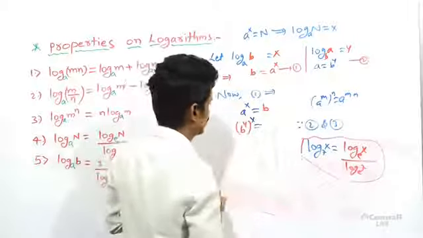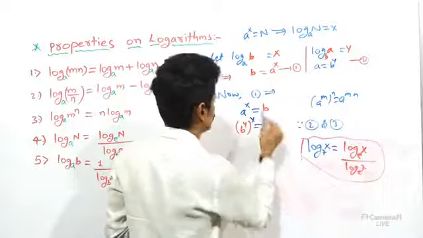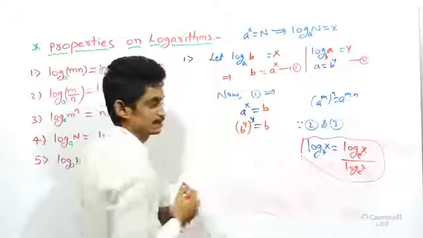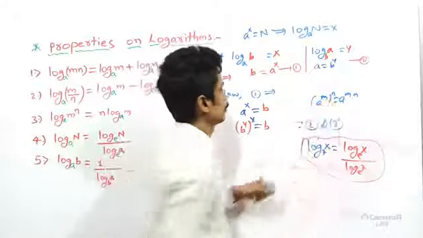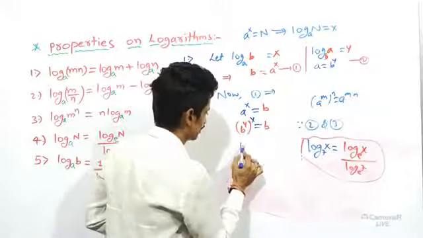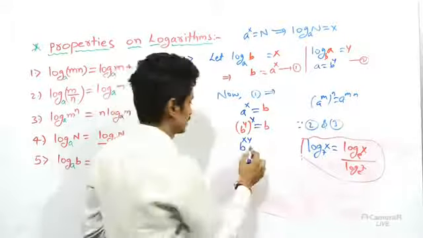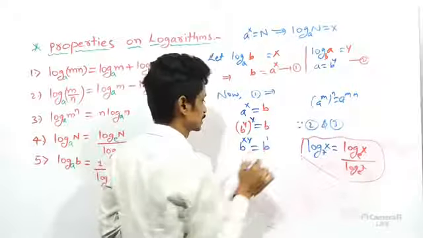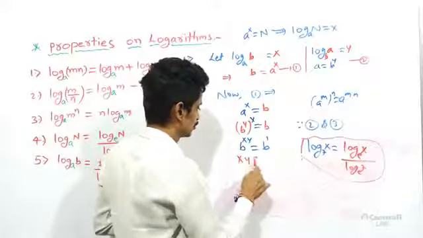B is a power x. Now applying the third law of exponents, a power m whole power n is a power mn, hence we get b power x into y, or y into x, equal to b. B power nothing means 1. So write xy is equal to 1.